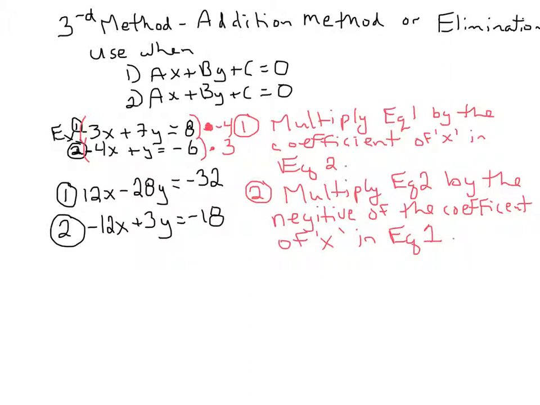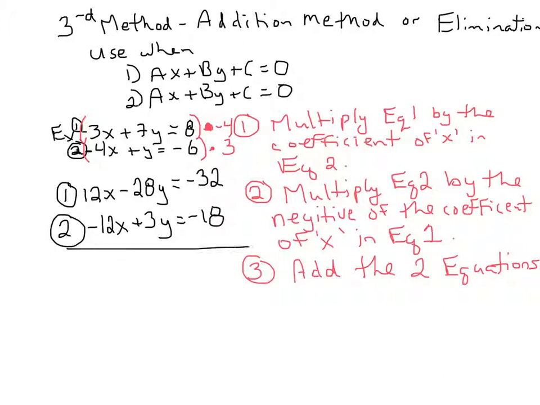And here's where the addition or the elimination word comes from, step 3. Step 3 is going to be add the two equations. I'm going to add these two equations.